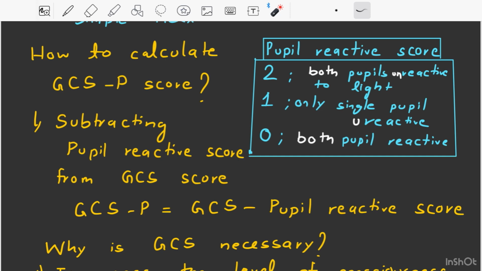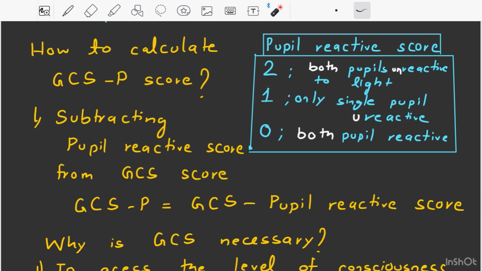That is, both pupils do not constrict to light stimulus. If only a single pupil constricts and the other pupil has no response, then we give a score of 1.